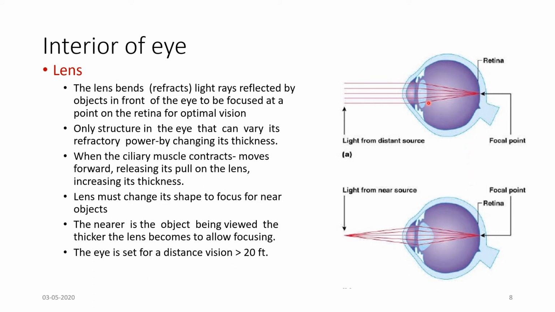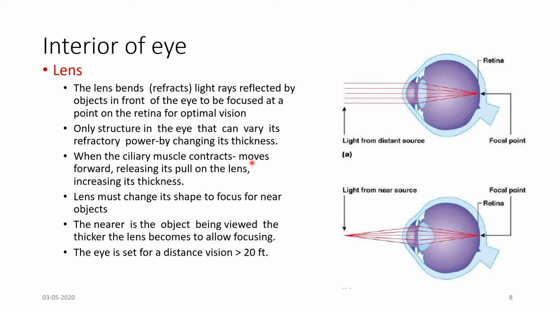This is the only structure in the eye that can vary in its refractory power by altering its thickness. Here you are seeing it thin, and the light source is from a distant object. And in this picture you can see that it is thick when the light source is from the nearer object. And this is the focal point.